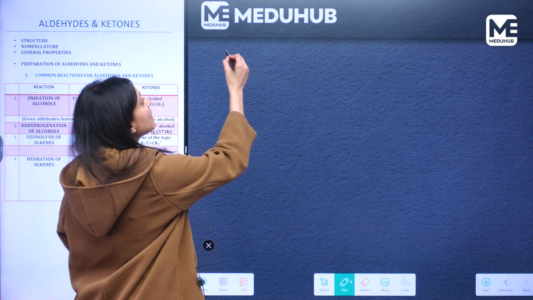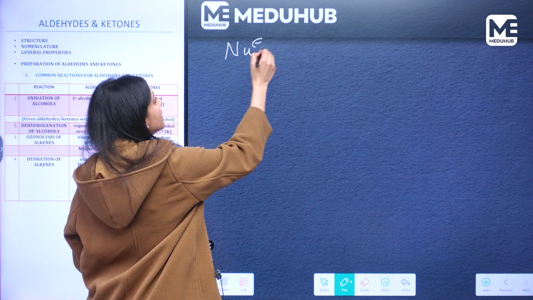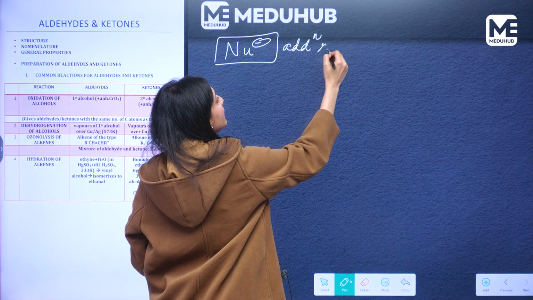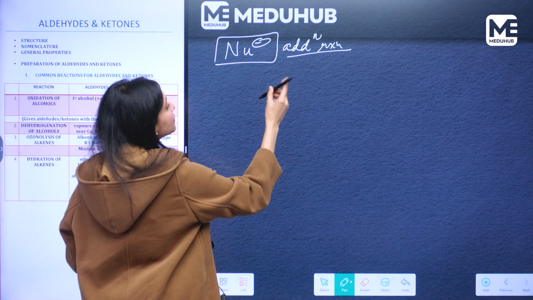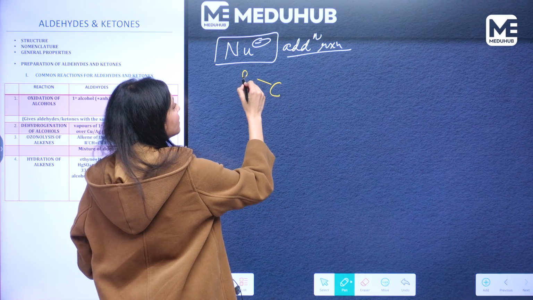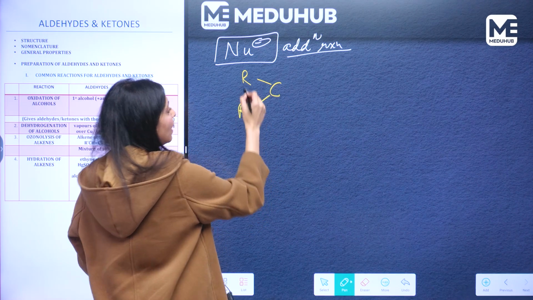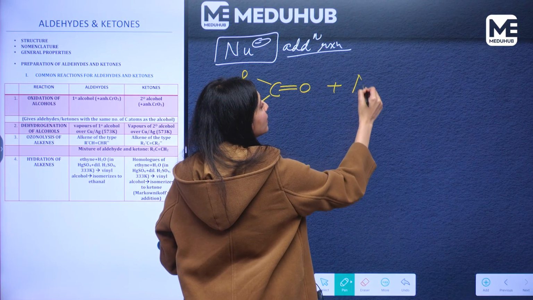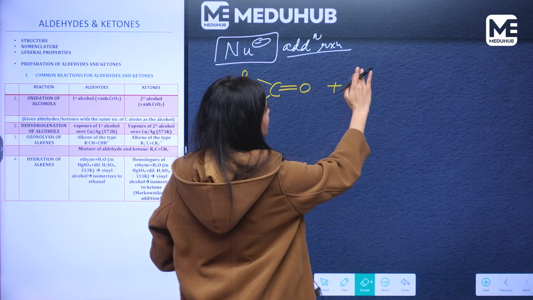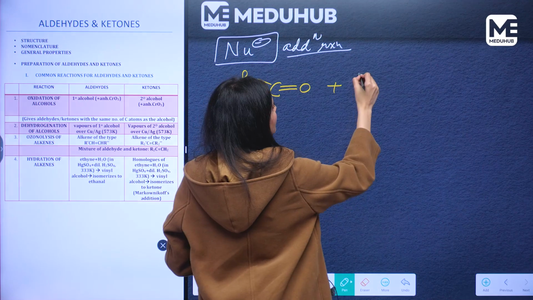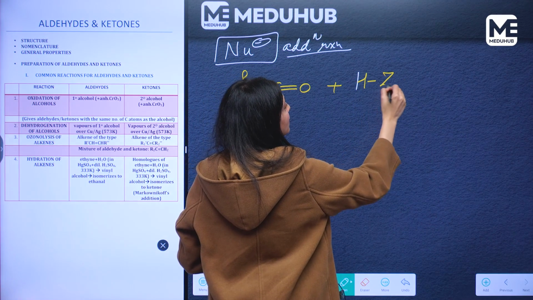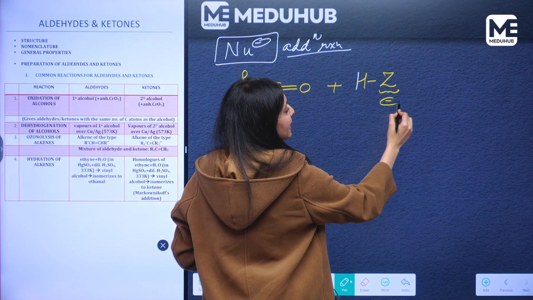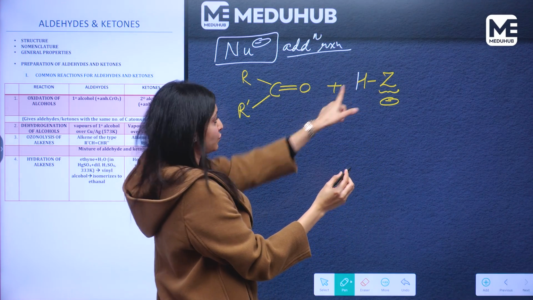So let us see what happens when a nucleophile gets added. Addition reaction. So this is the carbonyl compound, R R dash double bond O. We have HZ, where Z is the nucleophilic part containing the negative charge, and we have a proton H plus.